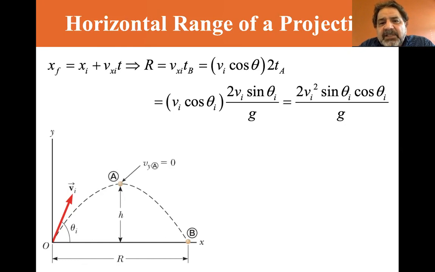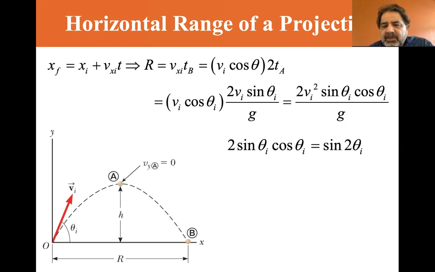Vxi is Vi cosine theta, times twice TA, because you need the travel time up and the travel time down. So you end up with Vi cosine theta times 2 Vi sine theta over g, and you get 2 Vi squared sine theta cosine theta divided by g.